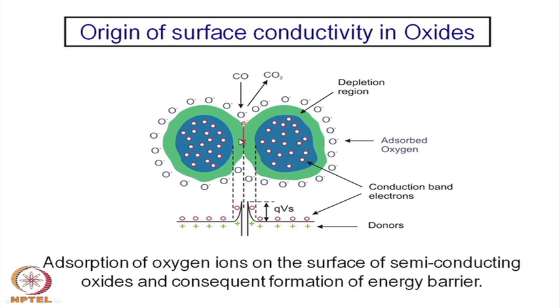Because of the depletion zone, the band has bent here, and you have a larger energy. So if an electron goes from this side to that side, it has to go through a larger energy barrier, and that can be calculated, and it is expressed as qVs, the charge times the height of this barrier.